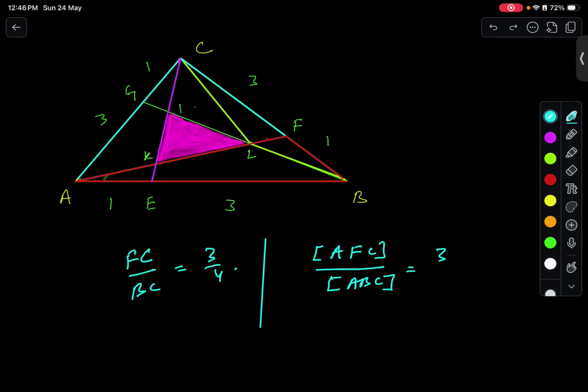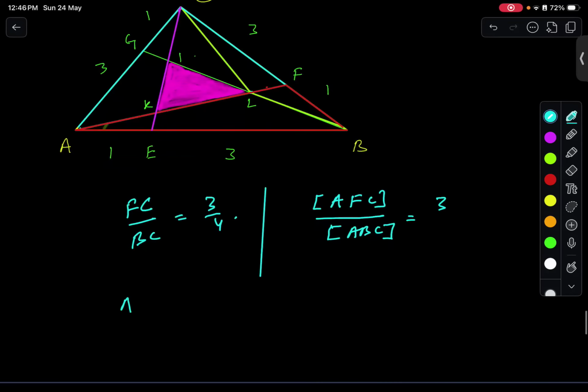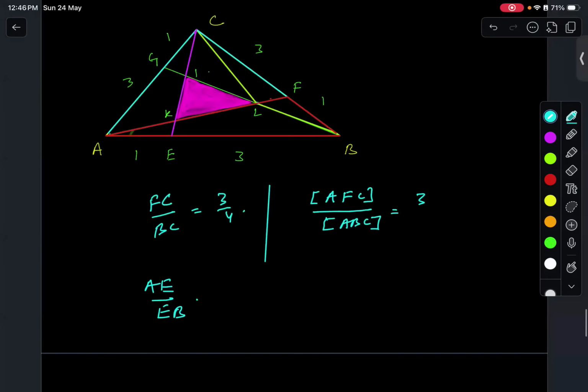That's very important. Okay, so can I say AE upon EB, then, it's C, so BC upon CF into FK upon KA is equal to minus 1, as per Menelaus' law, but we are taking the lengths only.